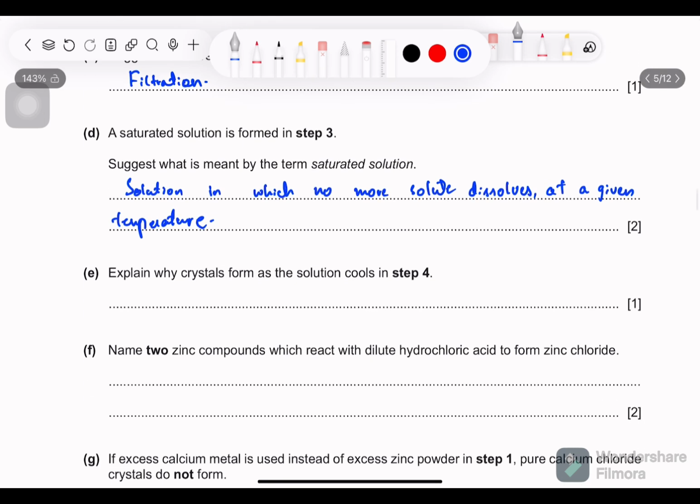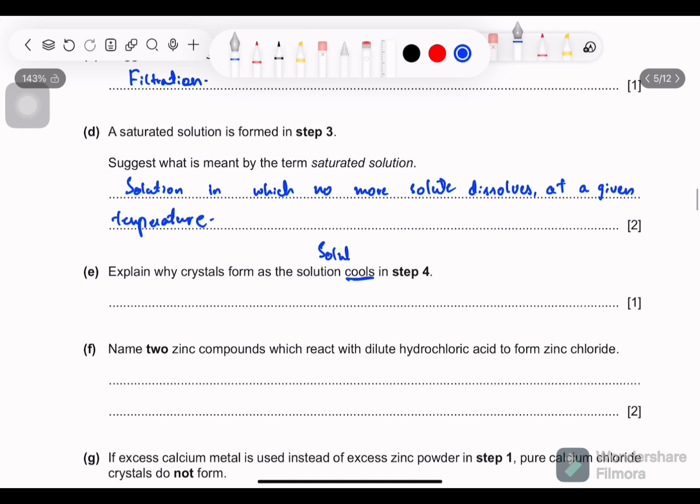Explain why crystals form as the solution cools in step 4. So as the solution cools, the same thing which I was talking about, temperature affects solubility. As the solution cools, its temperature decreases, the solubility of the zinc chloride solid decreases.